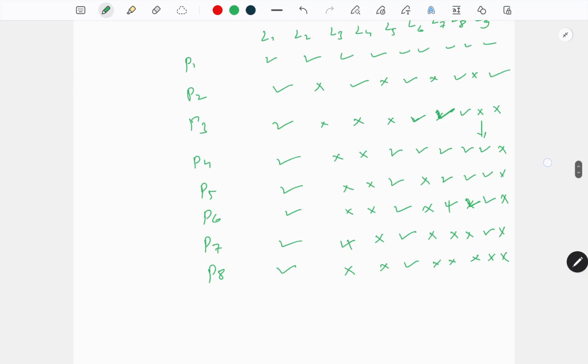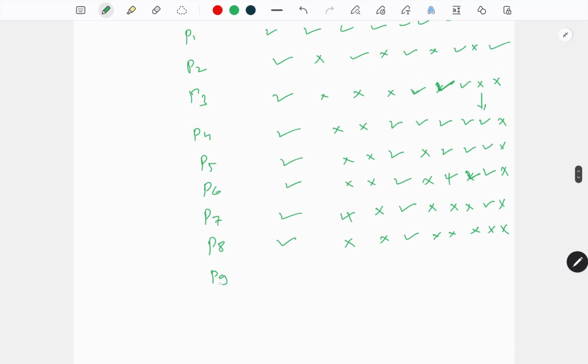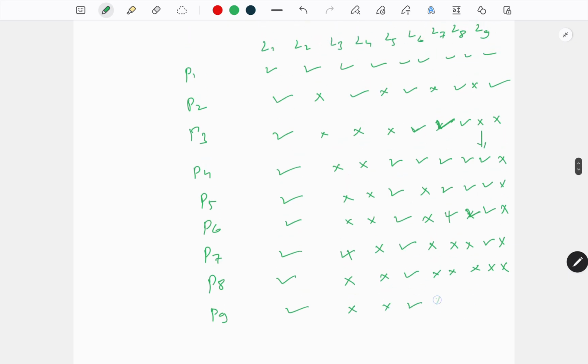Then when it comes to P9, L9 is toggled and turned on. L4 is on, and L9 is on.